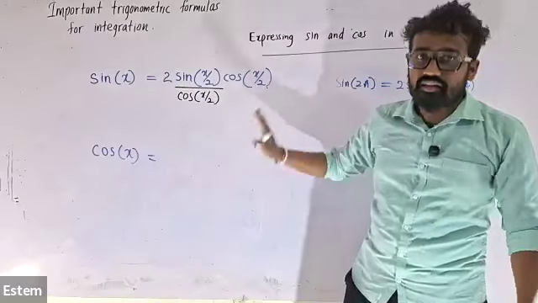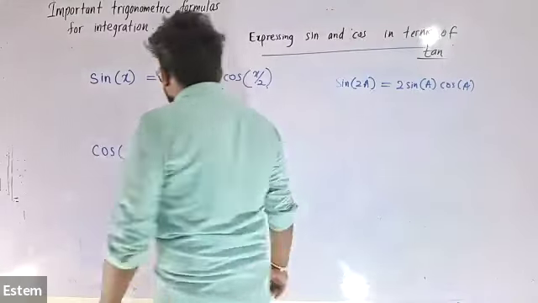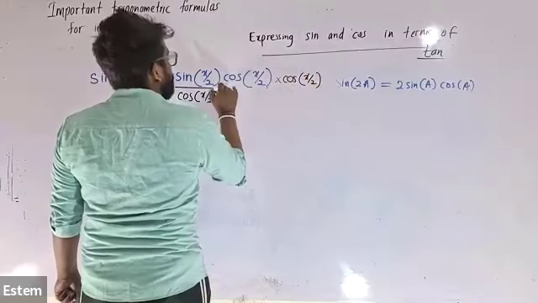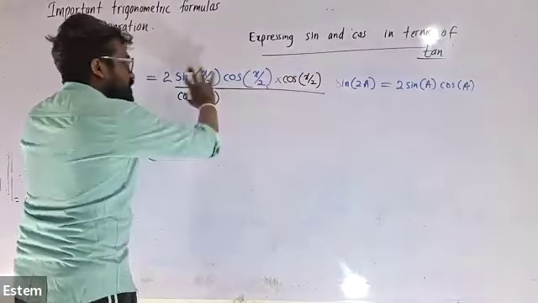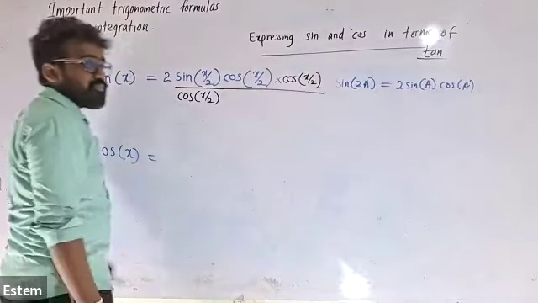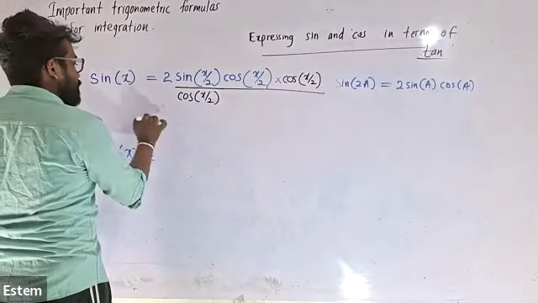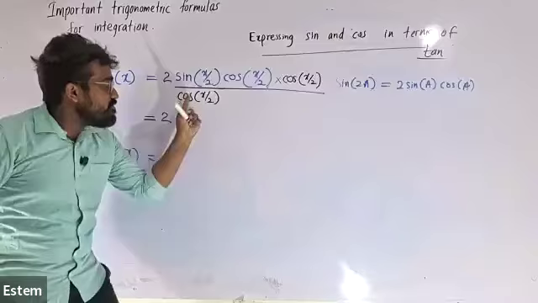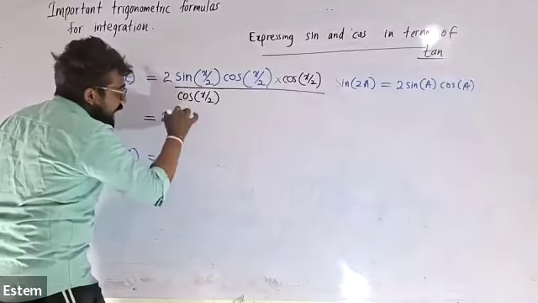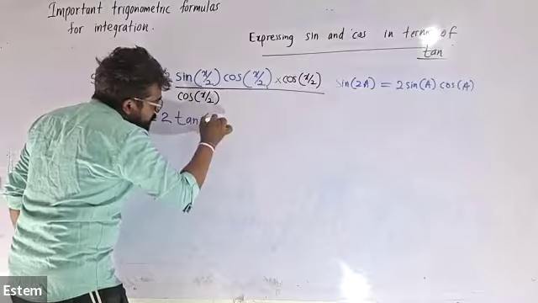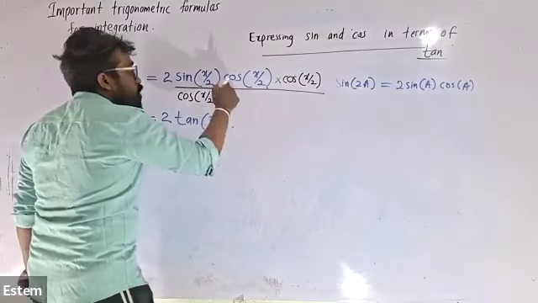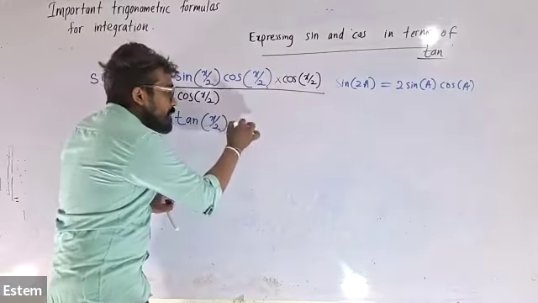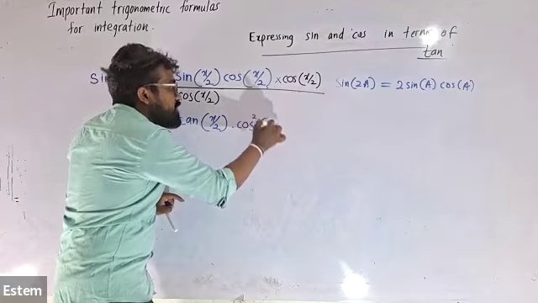If we divide something in a mathematical expression, we should multiply by the same thing in the other layer also. Then it is cancelled and the expression is balanced. Now what happens? 2 sin x over 2 over cos x over 2 is tan x over 2. And here it is cos x over 2 multiplied by cos x over 2, which is cos squared x over 2.